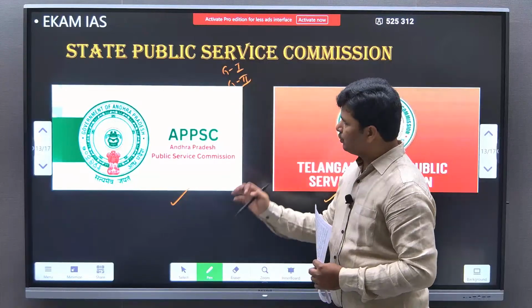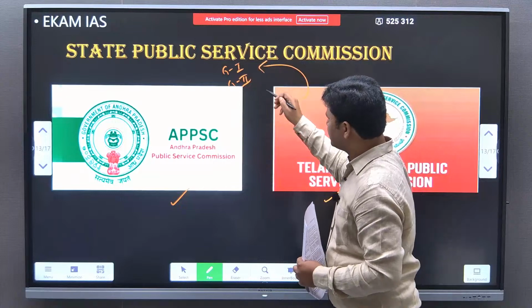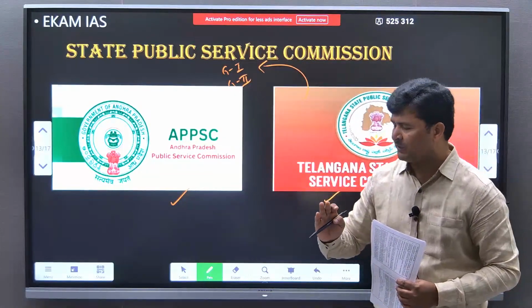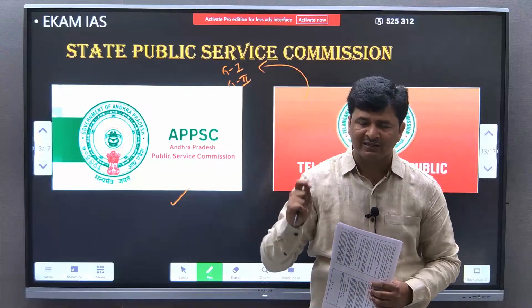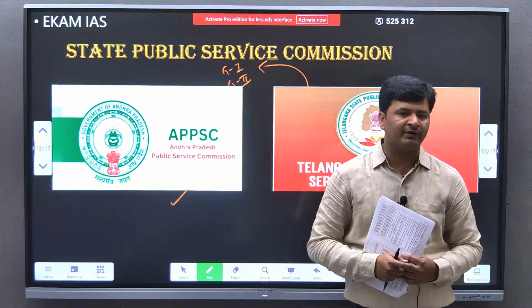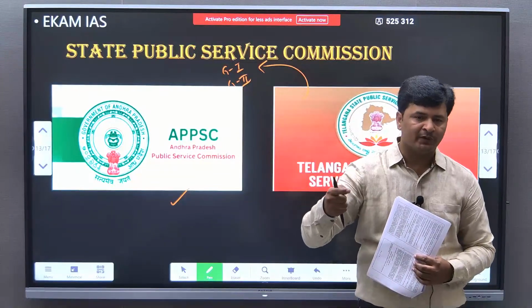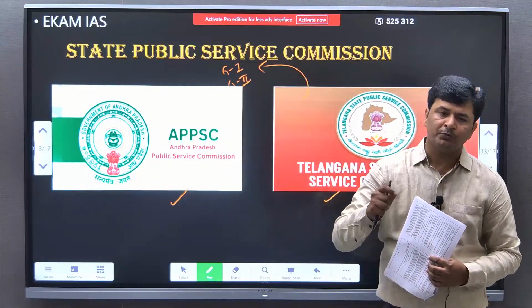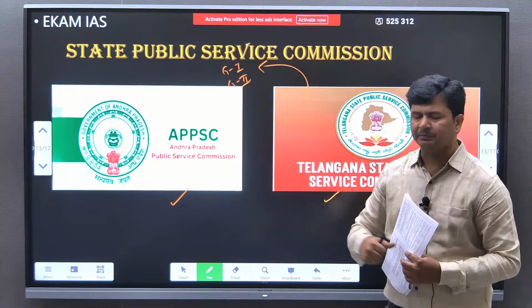As I was telling, you can apply the same towards TGPSC, Group 1 services and Group 2 services. And it is not exaggerated to say, whatever exam you write, you can't write that exam without history. Prelims Group 1, mains Group 1, APPSC, TSPSC, Group 2, prelims and mains, both.